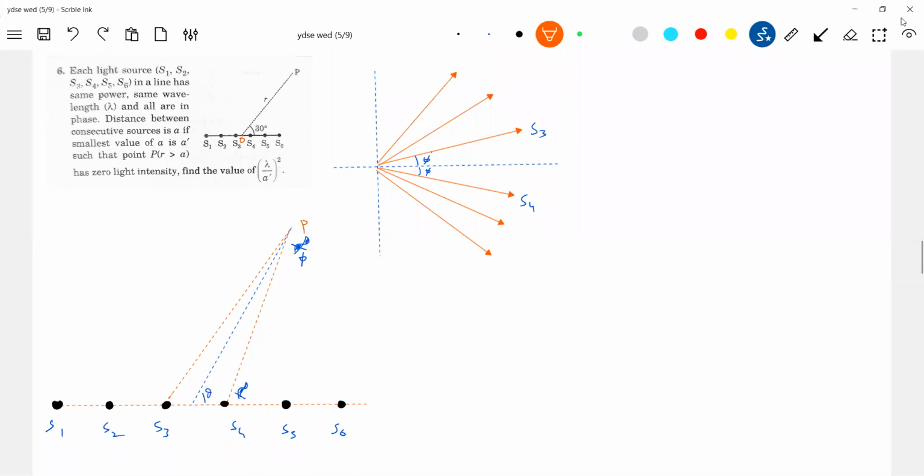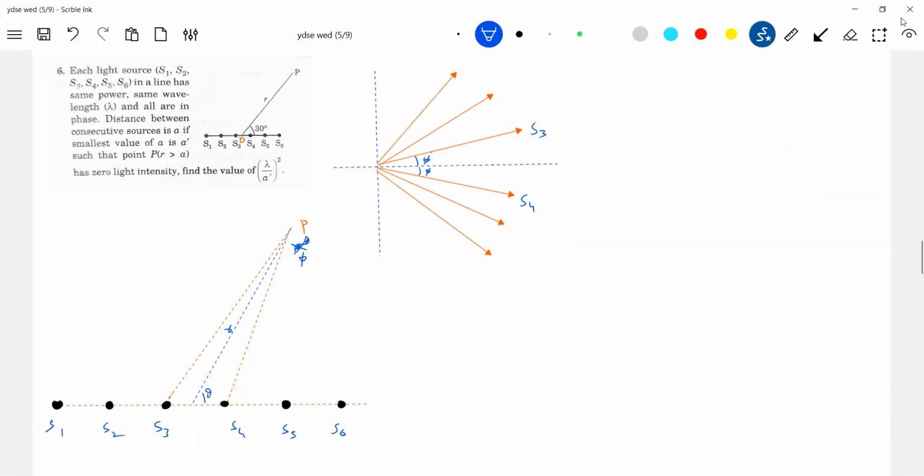With respect to that line, there is a phase difference between them. You mean to say why these two angles are equal? Yes, sir. So R very much greater than A, but still there will be path difference, no, sir. Okay, I will do one thing. I'll solve it later, at the end you can see that one.